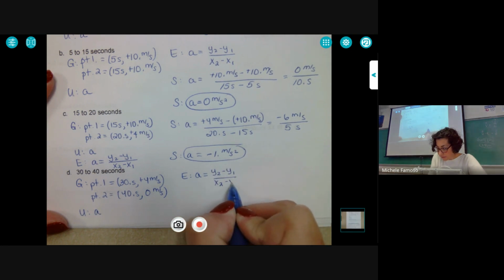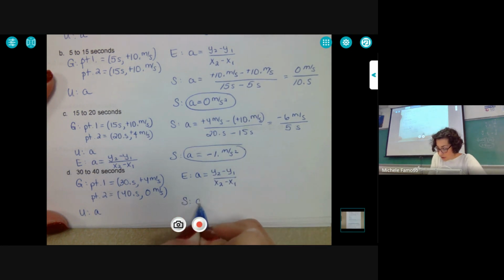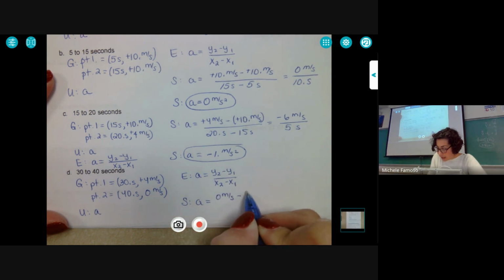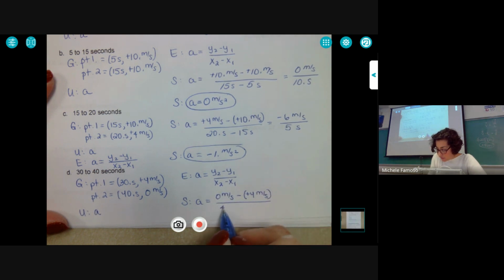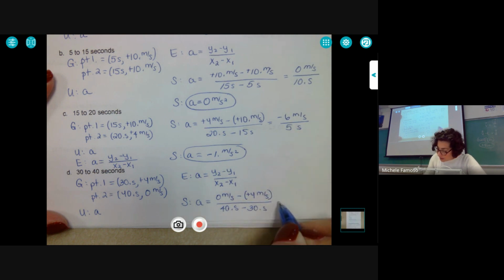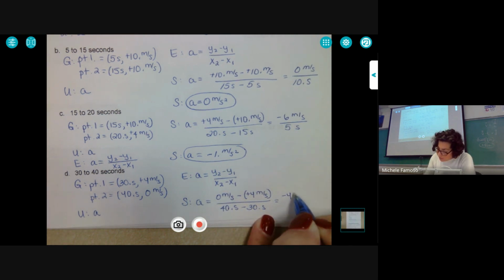Yes. Let's do our substitution with units. So 0 meters per second minus positive 4 meters per second, all over 40 seconds minus 30 seconds. So that's negative 4 meters per second, all over 10 seconds.